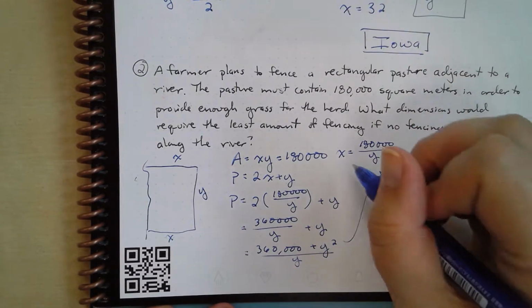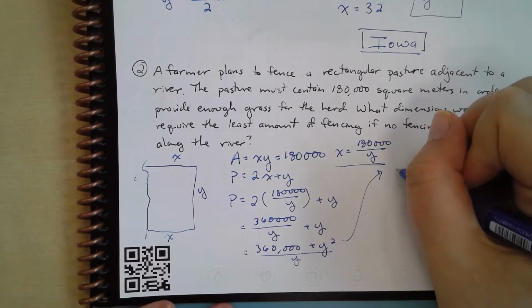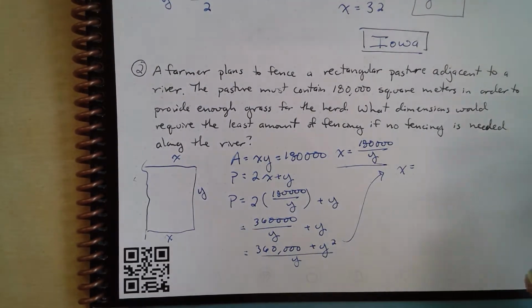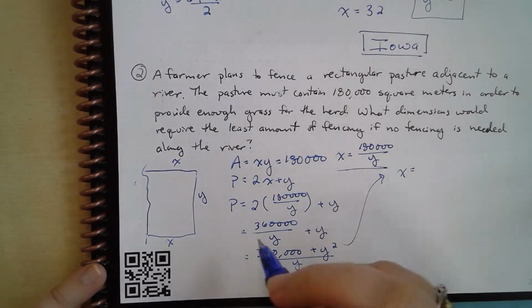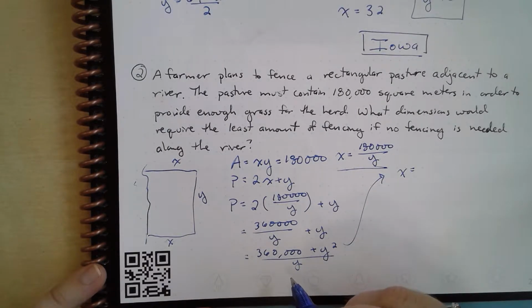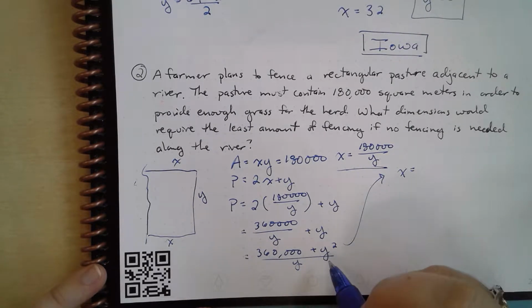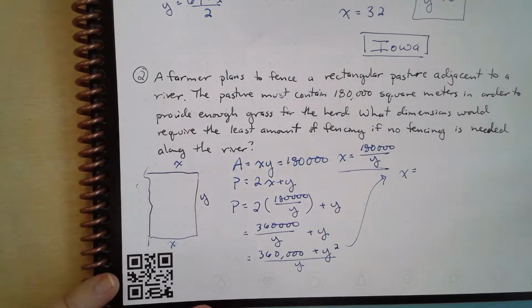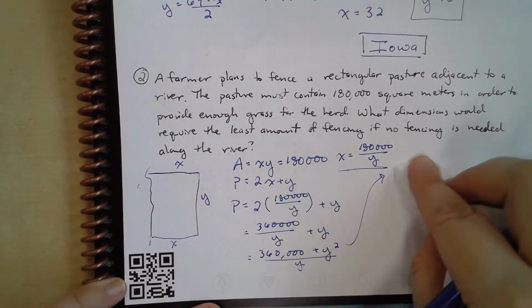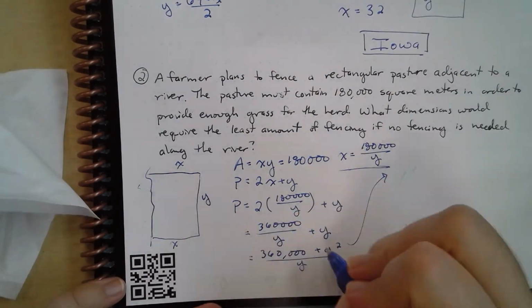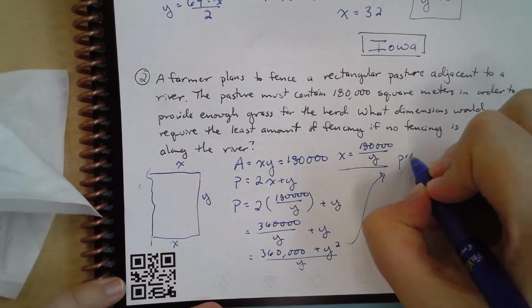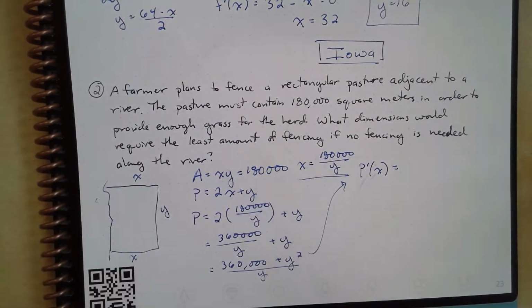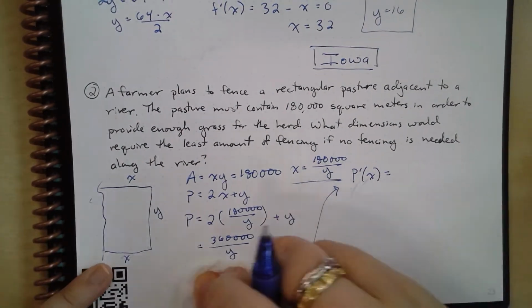So now I'm going to use this equation. So x is equal to, and this is a messy problem, but I believe that we can do it. Actually, before I even do that, I should find my derivative. So before I do that, my derivative, p prime of x, is equal to, and I don't actually need this, so I'm going to erase it.